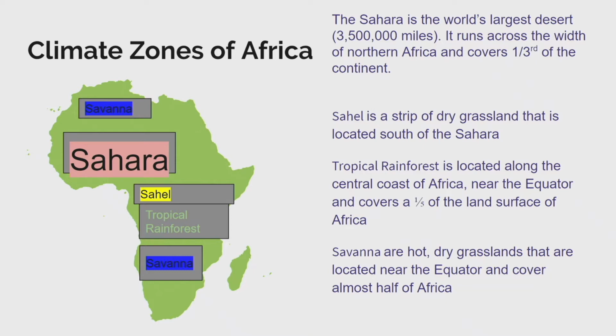The tropical rainforest is the next section that we're going to look at. It is located along the central coast of Africa, near the equator, and covers 1/3 of the land surface of Africa. It's kind of like a little circle of green in Africa. Finally, it's the Savannah. It covers all the other areas of Africa. It's a hot, dry grassland located near the equator. There we go. There's that word. And it is where most of the animals live.